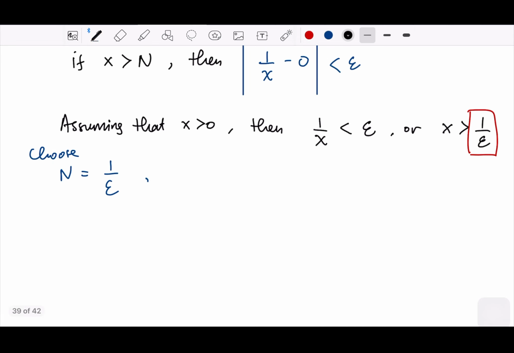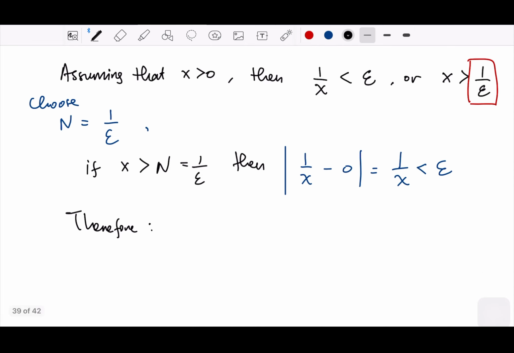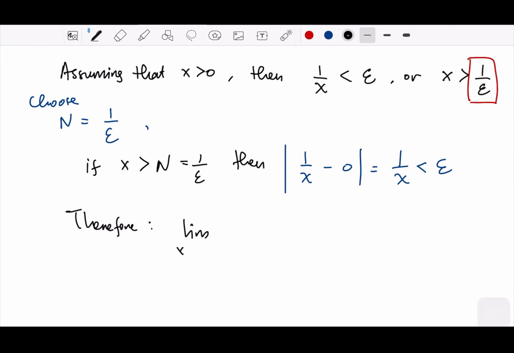So if x is greater than n and n is 1 over epsilon, then this becomes 1 over x less than epsilon. Oh, sorry, this should be equal. Therefore, as a conclusion, the limit of 1 over x is equal to 0.